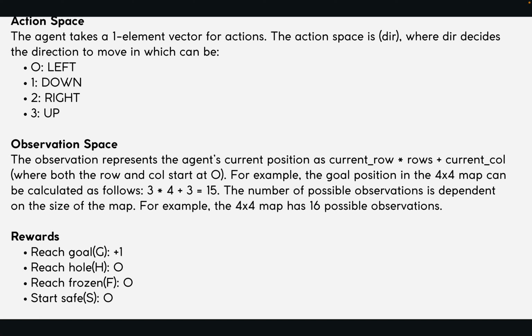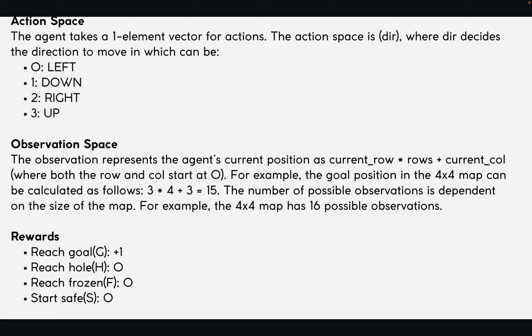There are 4 actions that the agent can take. It is a one element vector for action. The space is the desired direction to move in, which can be left, down, right, and up. So now the agent can move in the 4 directions. Keep that in mind.